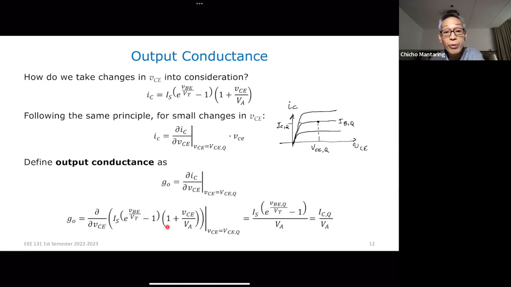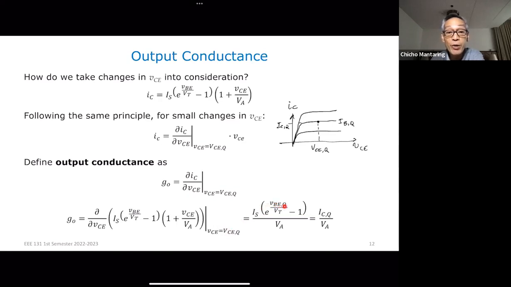And then I just now have to get the derivative of this term. But the derivative of 1 is equal to 0. The derivative of VCE over V sub A is just 1 over V sub A. So what am I left with? I'm just left with this. By the way, I have to evaluate that at VCE equal to VCEQ. At VCE equal to VCEQ, VBE will be equal to VBEQ.